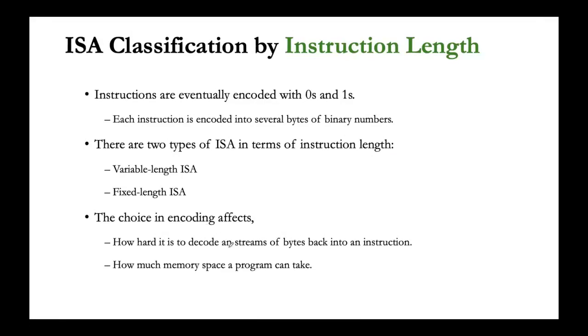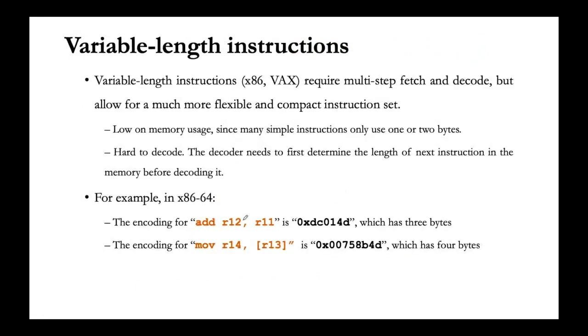So how hard it is to decode a stream of bytes back into an instruction, and how much memory space a program can take, in the variable length instruction and for the fixed length instructions. Okay. Variable length instructions are generally used by the processor called VAX, and x86 architecture 8086.